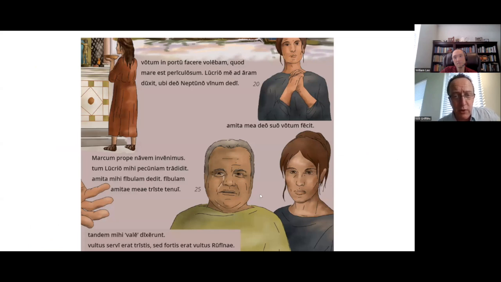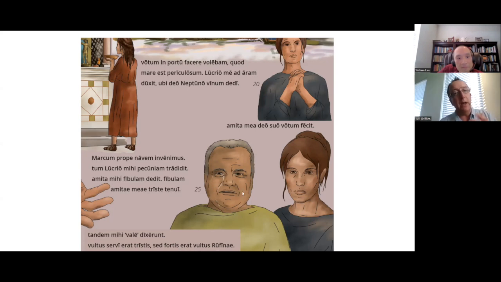And I just wanted to show you the reactions of two of the characters, Lucrio, the enslaved man, and Rufina, the auntie. We can see here Lucrio crying. There's a connection there, crying as Sabina needs to leave, and Rufina, who puts on at least her fortis erat vultus Rufinae.